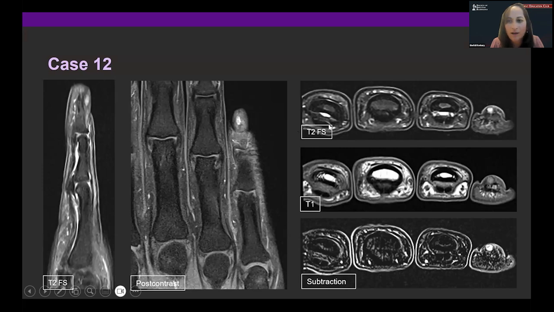And here again on our axial images, we see this small rounded mass at the dorsal aspect of the distal phalanx, which is T2 hyperintense, T1 mildly hyperintense to intermediate in signal with avid enhancement. Post-contrast, these are subtraction images, so that really brings out the enhancement.